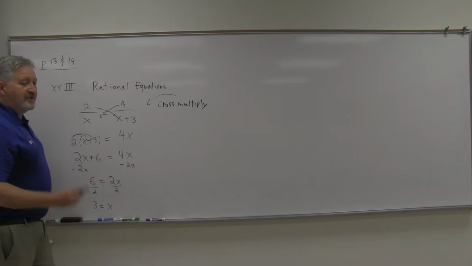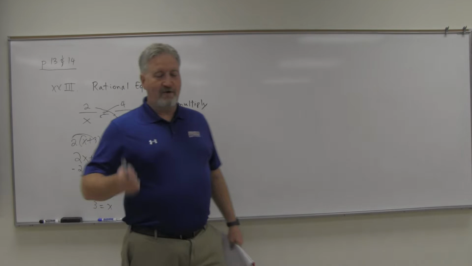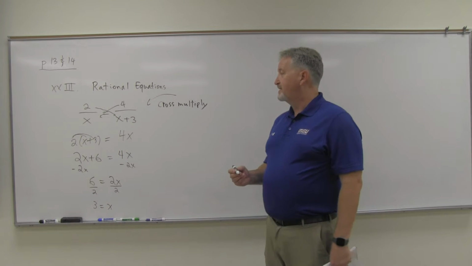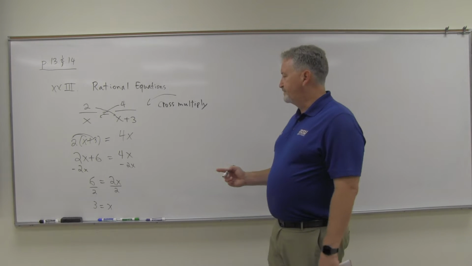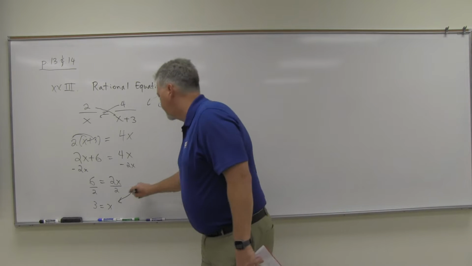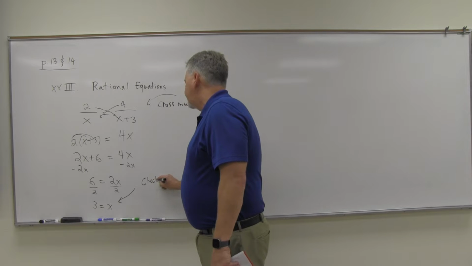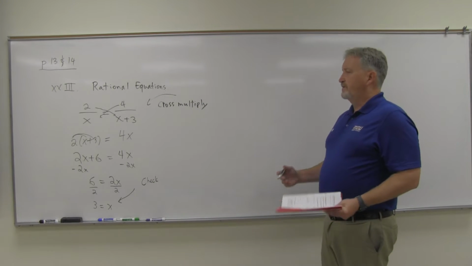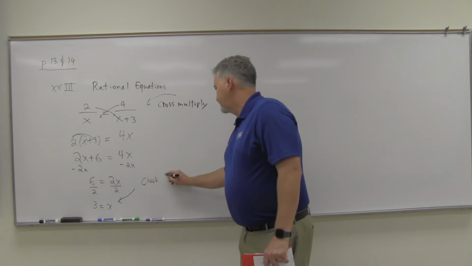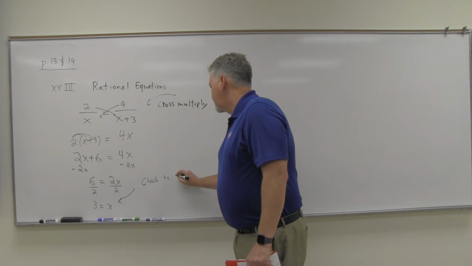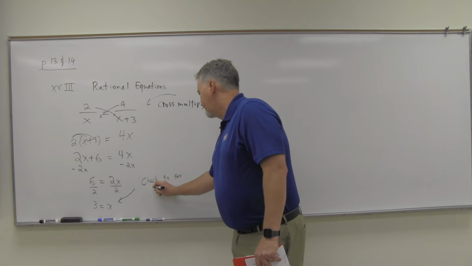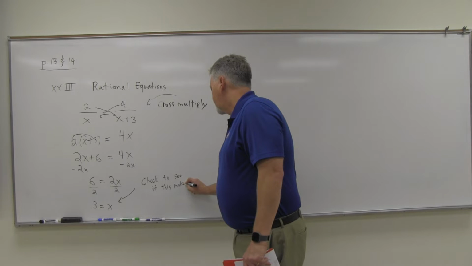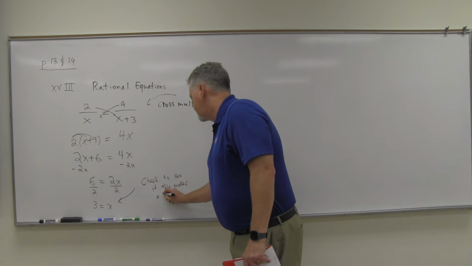Now, you remember we talked about the square roots. You had to check the answer when you solve those. Same thing here. So what you want to do is check for non-solutions that make the denominator 0. So we want to check to see if this makes, in the original equation, a denominator of 0.